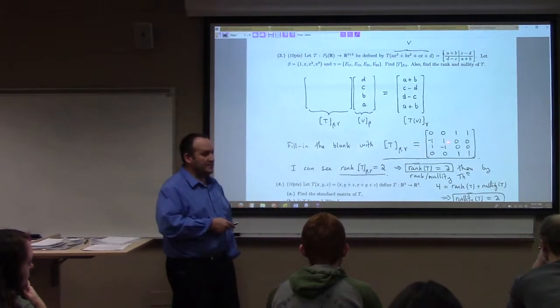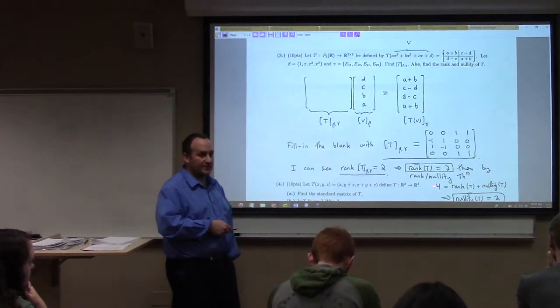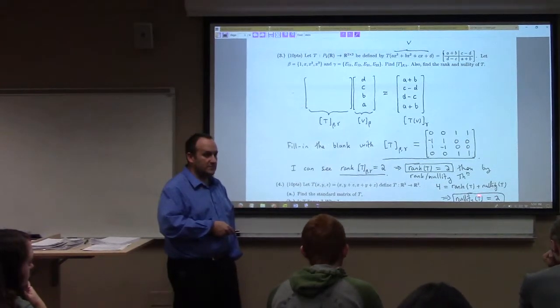Since I've already calculated the matrix, it's easy enough to see that the rank is 2, because the dimension of the column space here is 2. And once you know that, the rank nullity theorem says the sum of the rank and the nullity has to be the dimension of the domain, which here is 4, so nullity is also 2. Right?